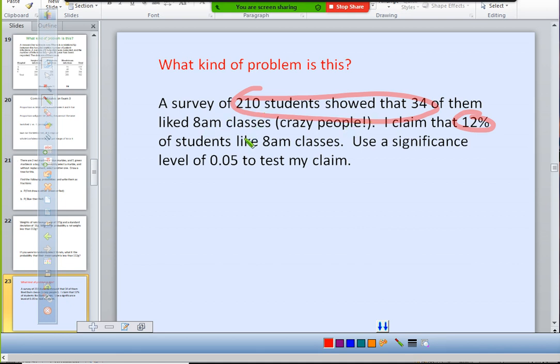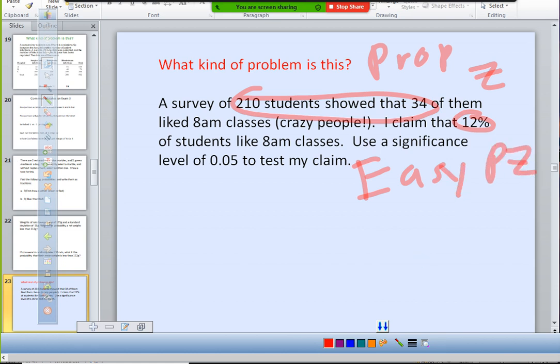So this is a regular ordinary proportion from chapter 8, 9, 10, sorry, 7, 8, 9. And am I going to use a Z or a T table? Yep. Z table, remember, easy peasy. Proportion, use a Z table.